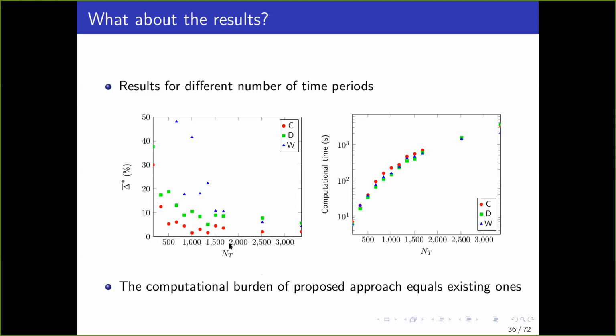So 60 days is like 1,000 and something, so that's probably here. Oh, I see. All right, I missed that. Thank you so much for answering. So the red dots are our proposed methods, and it becomes better than the others for all the range of periods that you choose.